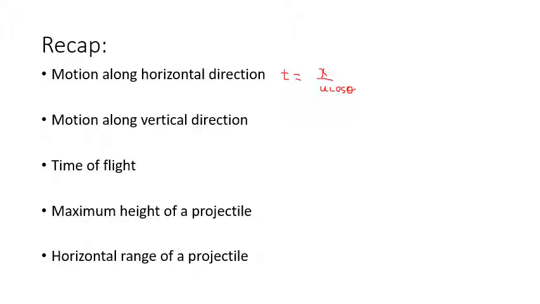In the second part, motion along the vertical direction, we derived the total vertical distance, that is y equal to x tan theta minus half of g divided by u squared cos squared theta into x squared.